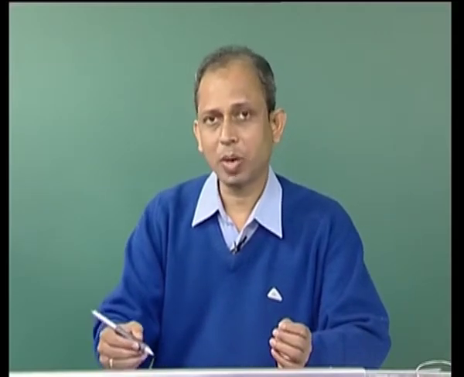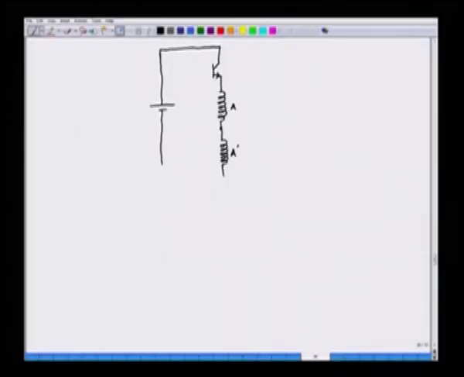So, we have two transistors here, something similar to the previous situation. And also we have the diodes. So, these are the two transistors, and the diodes are present like this.